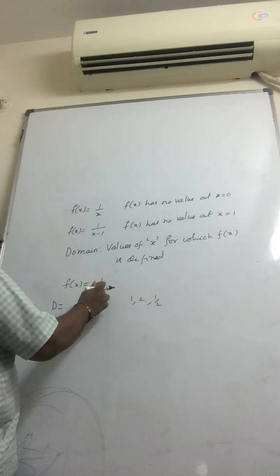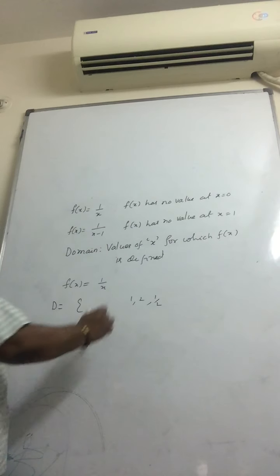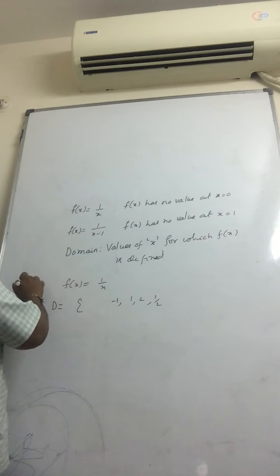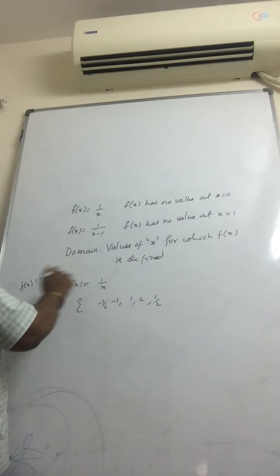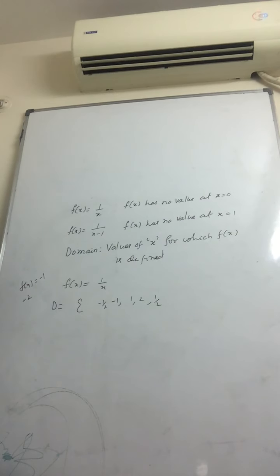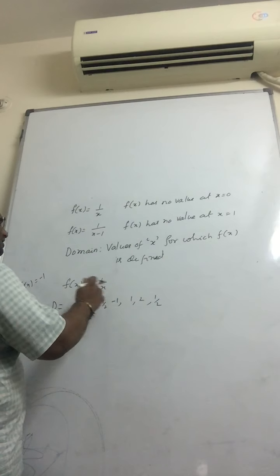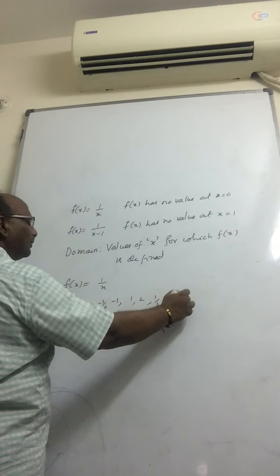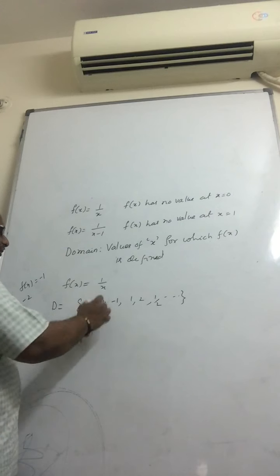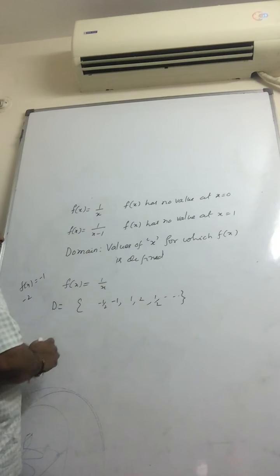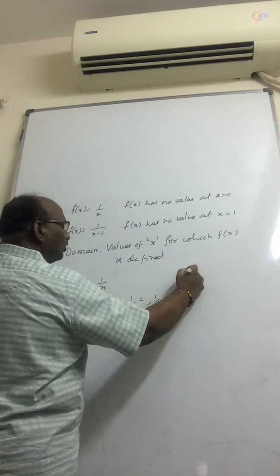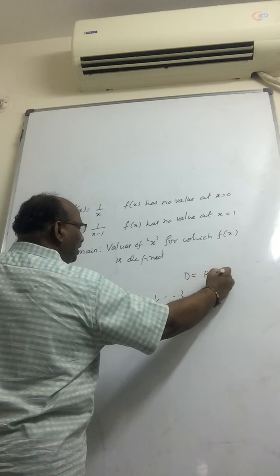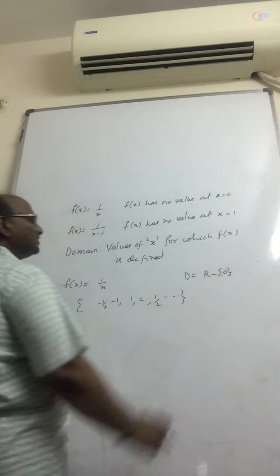Half, no problem, 1 by 1 by 2. Even minus 1, no problem. The function has value minus 1. Minus half, 1 by minus half, that is minus 2. So for all these numbers the function has value. But the only problem here is at 0. So there are infinitely many numbers. Domain will be all real numbers except 0.